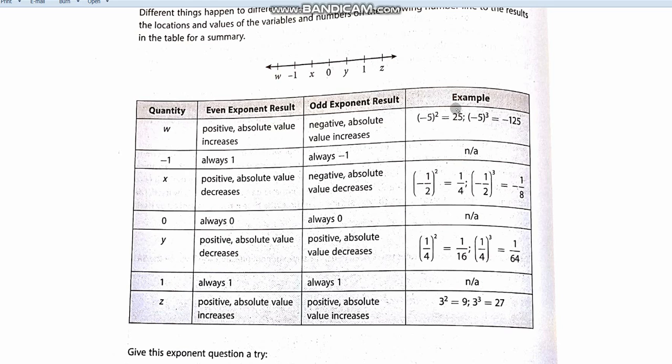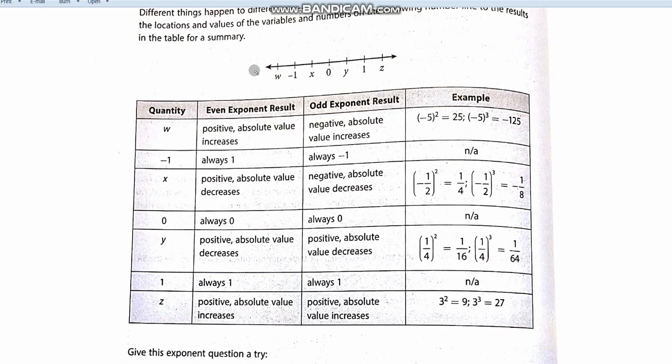So you get a positive end result. If you compare -2 and -4, the -4 will become bigger after you put in the even exponent. -2, you square it, you become 4.